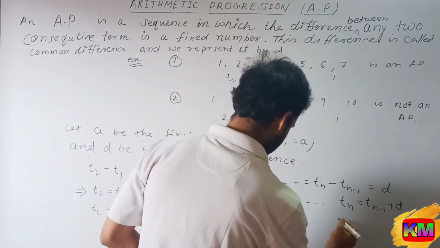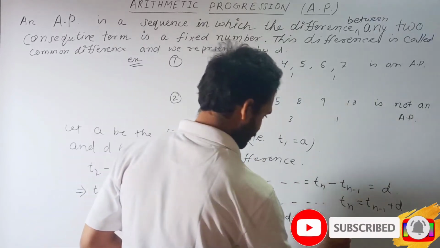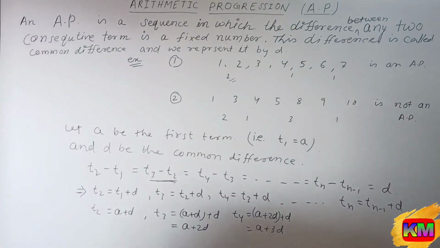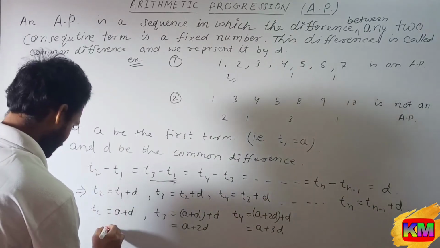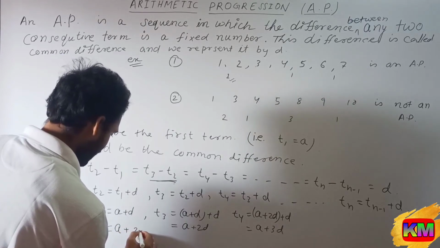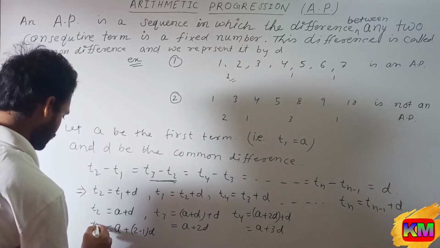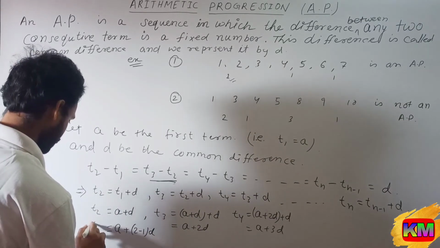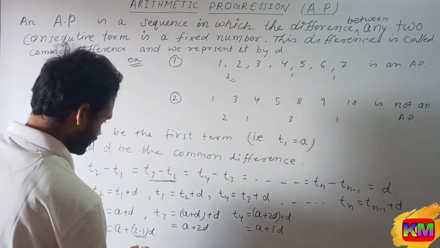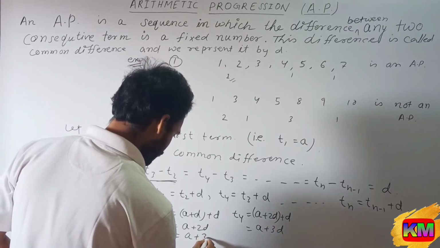So the Tn will be, okay. Now, we can see here that for T2 we can write A plus 2 minus 1 into d. For T3, we can write A plus 3 minus 1 into d.